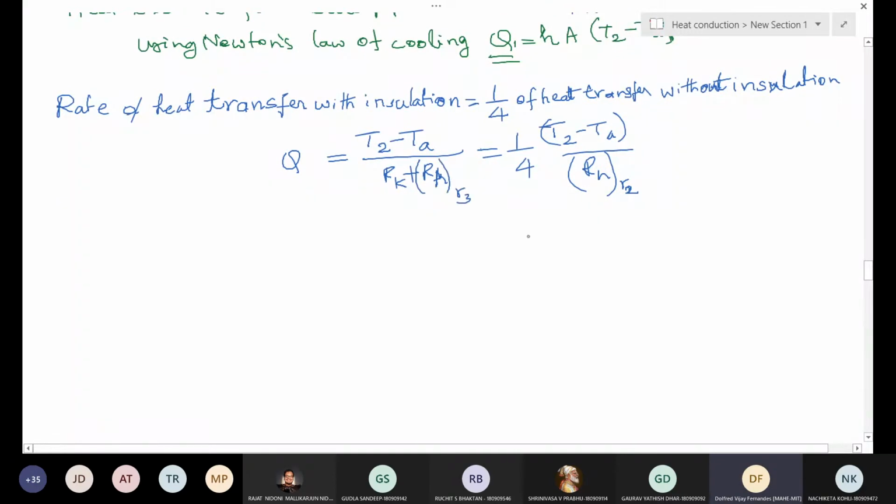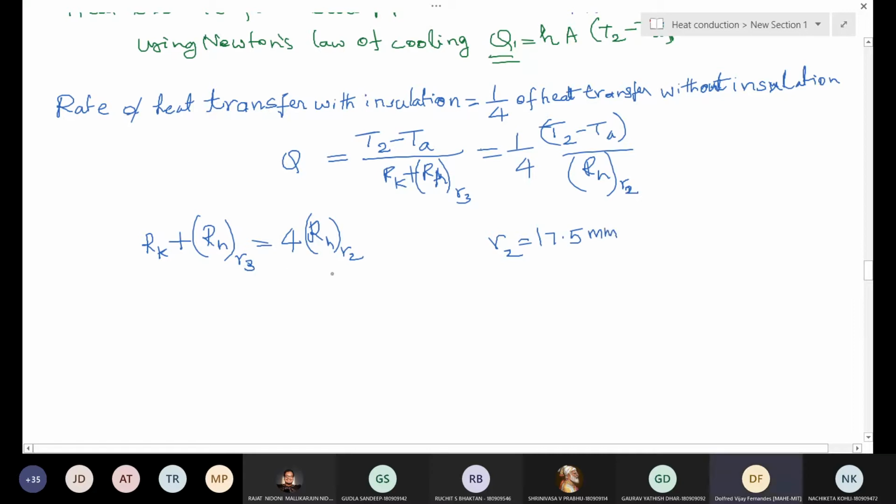That's the only difference. Now from this equation you can write RK thermal conduction resistance plus the convection resistance at R3 equal to 4 times convection resistance at R2. R2 is known to us, that is 17.5 millimeter.